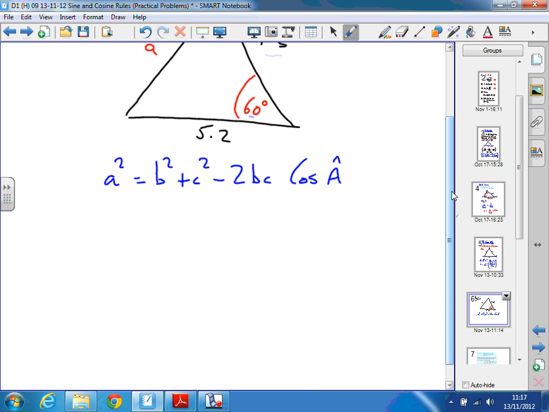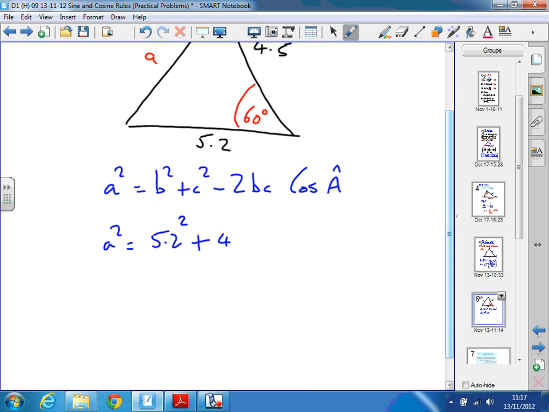A squared equals b squared, which is 5.2, say, plus the other side squared, which is 4.5 squared, minus 2 times 5.2 times 4.8 times the cosine of 60 degrees.